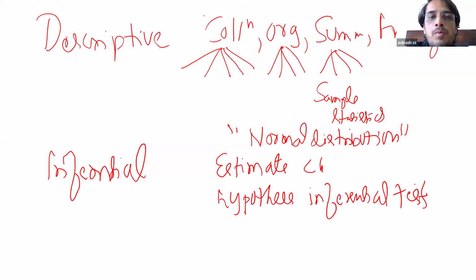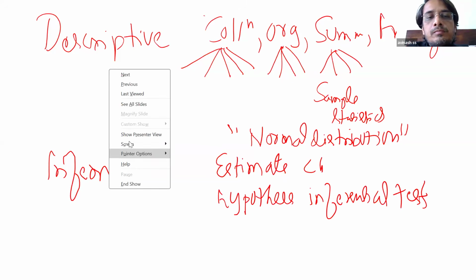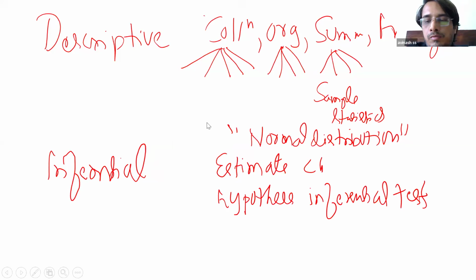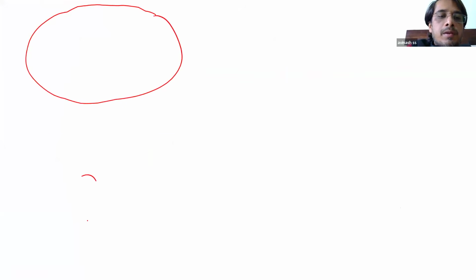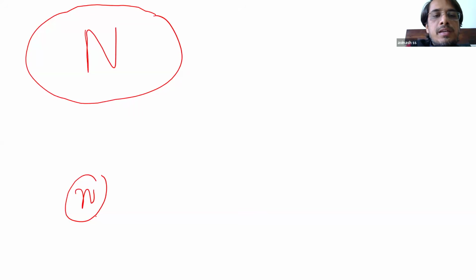Suppose we take the population, and from it we have taken a sample. There is a population size and a sample size.